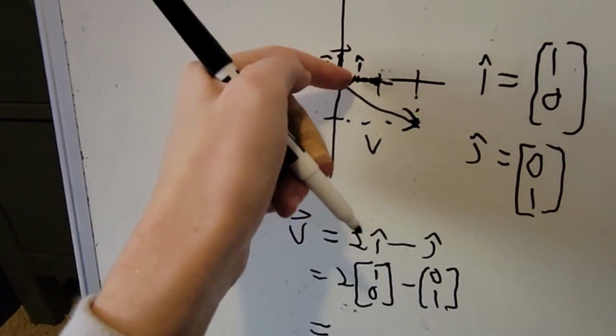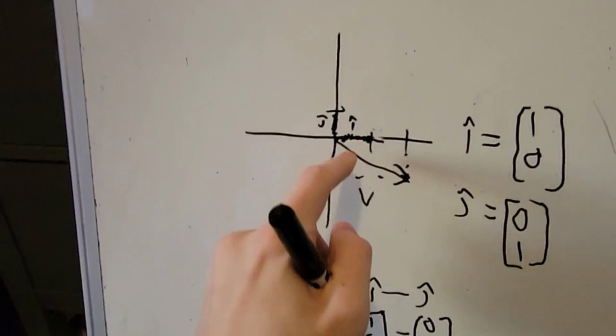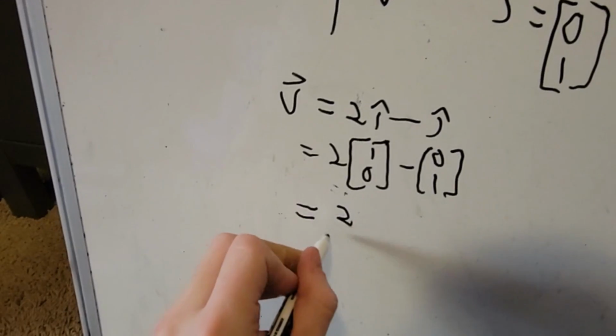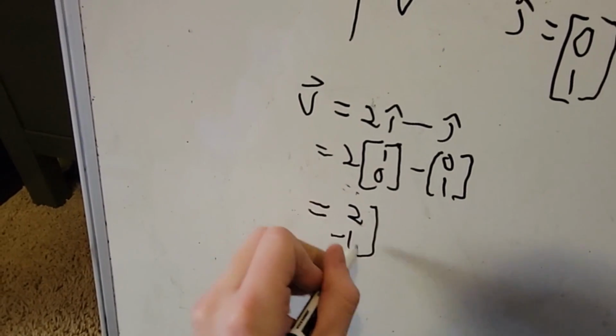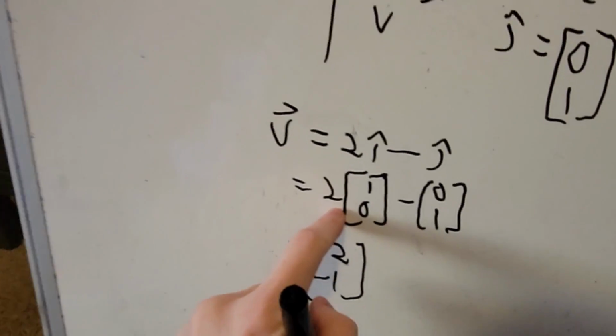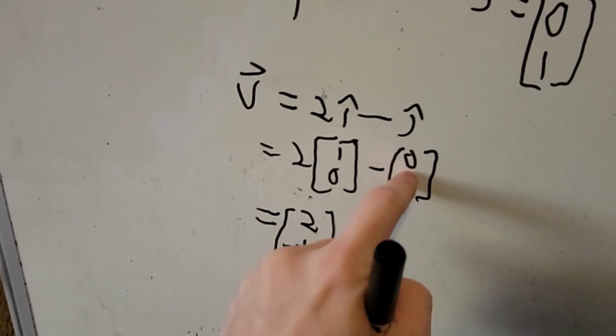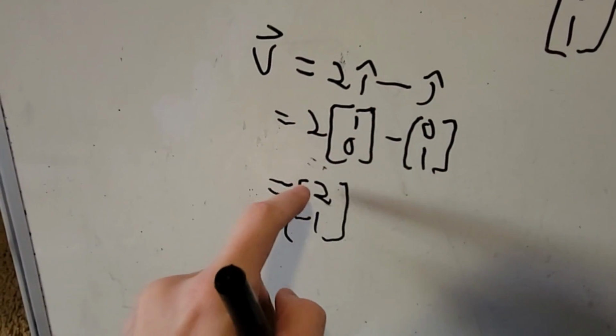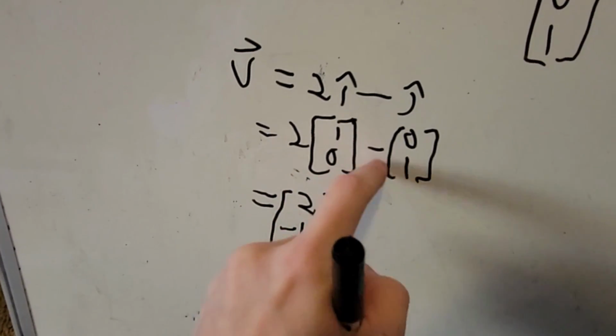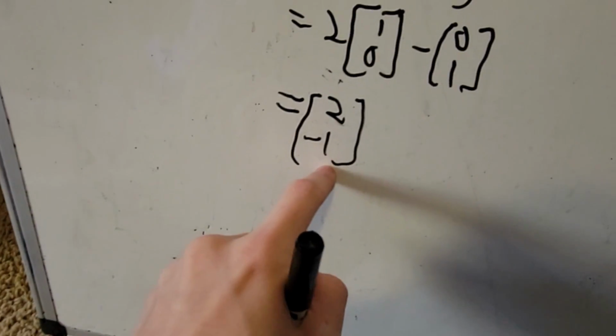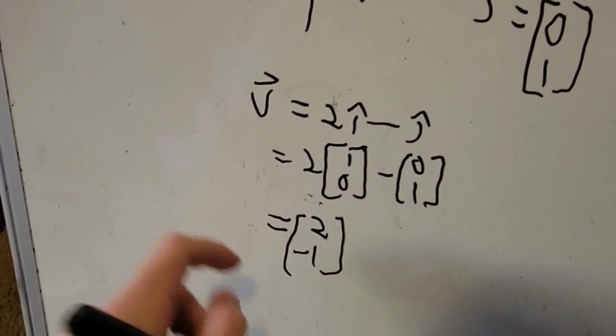It's 2 in the x, pointing from 0, so it's going to be 2, and -1 in the y. And then when we multiply this out, we say 2 times 1 minus 0 times 1 is 2. 2 times 0 minus 1 times 1, -1.